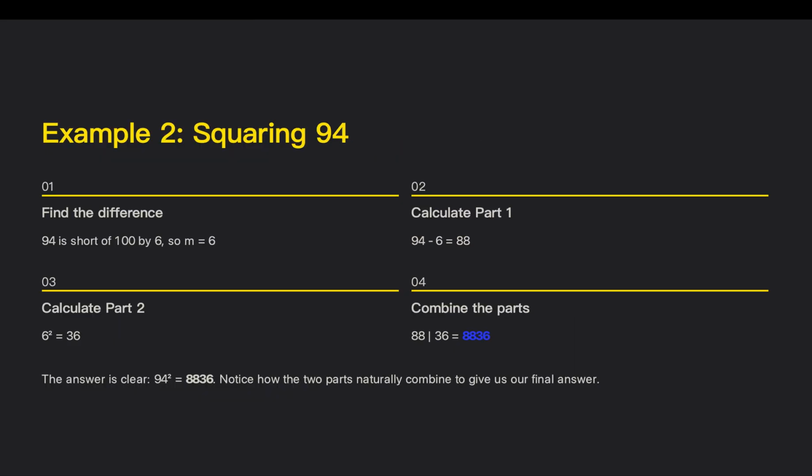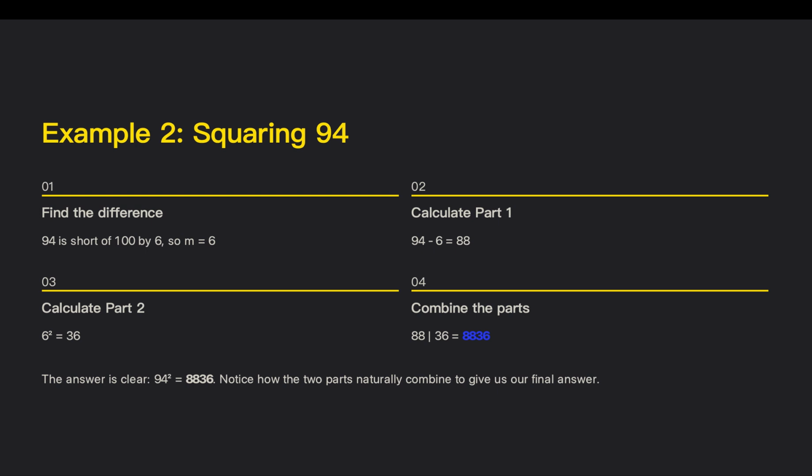Now a few more examples. Say 94. Now in 94, it is short by 6. So m equals 6. And because m is 6, subtract from the given number 94. So you get 88.